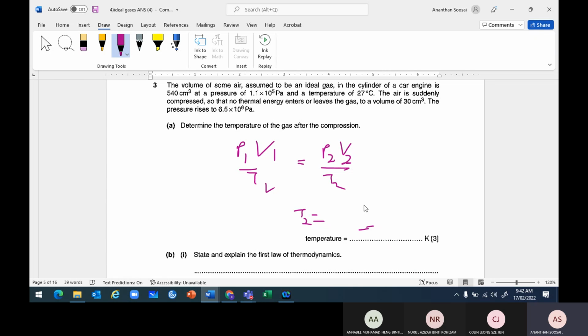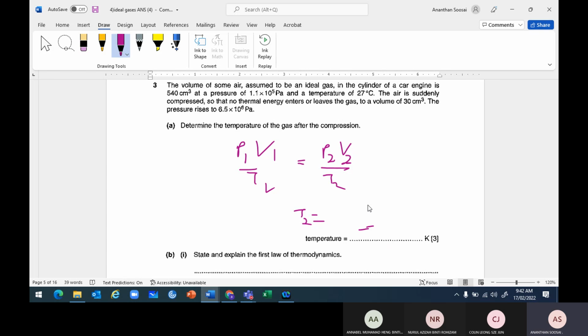Anyone calculated? Okay, again, I just want you to know the method: what equation you use to get the answer for the temperature. I think your friend got 98.5. The important thing is the formula and how to substitute.